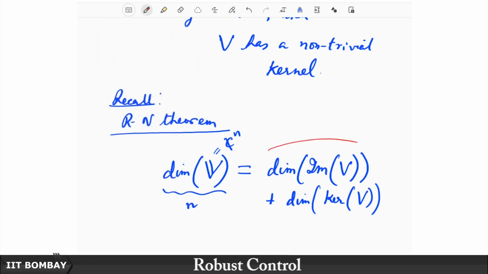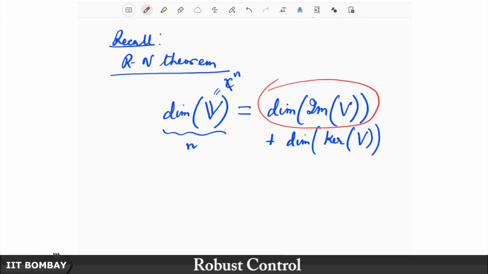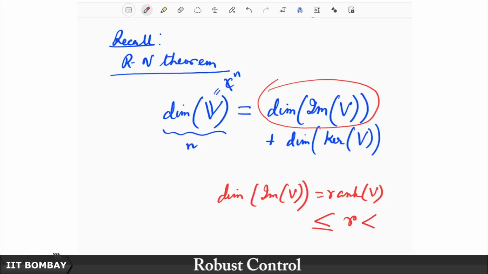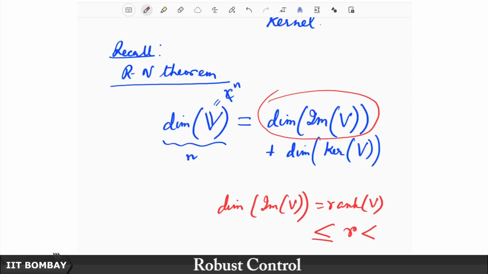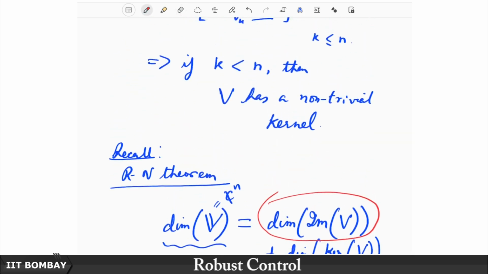We know that the dimension of the image of V is equal to the rank of V, which is less than or equal to k, because we have chosen k to be the size here.